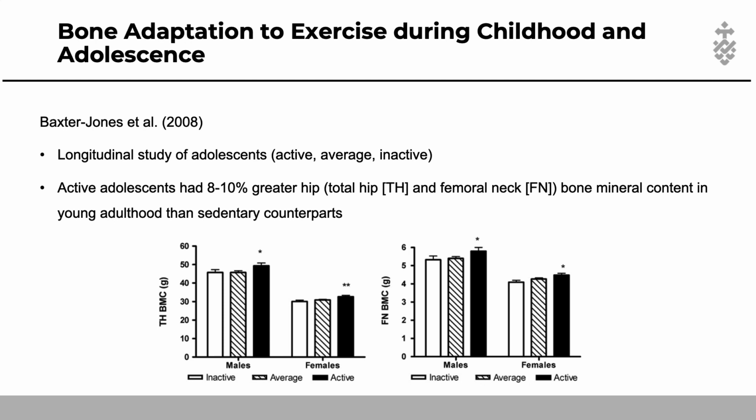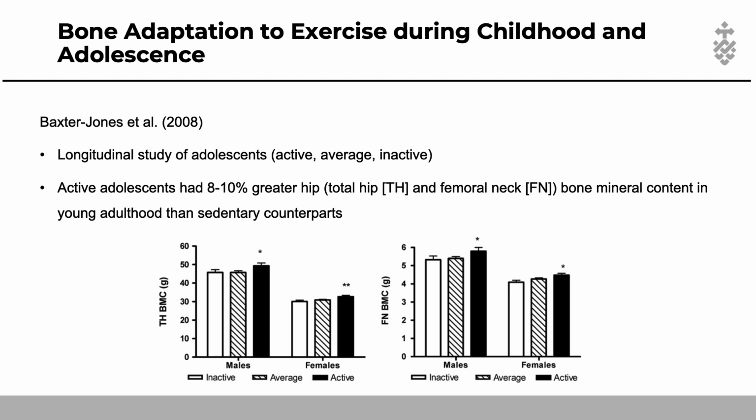Now, these results suggest that the skeletal benefits of physical activity in adolescence are able to be maintained into young adulthood. So they only measured these participants again at 30 years old. It would have been interesting to see what about at 50 years old as well, but we can definitely say that they're able to be maintained into the young adulthood period. Now, these effects were apparent for both males and females.